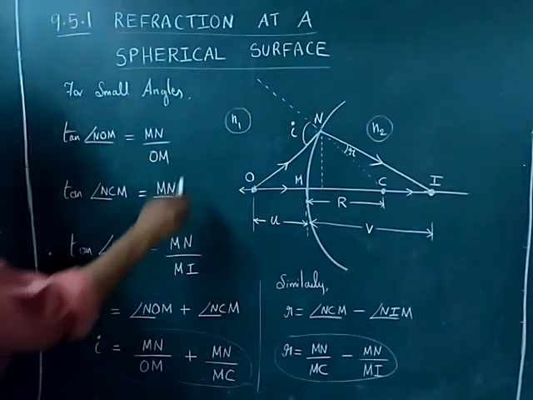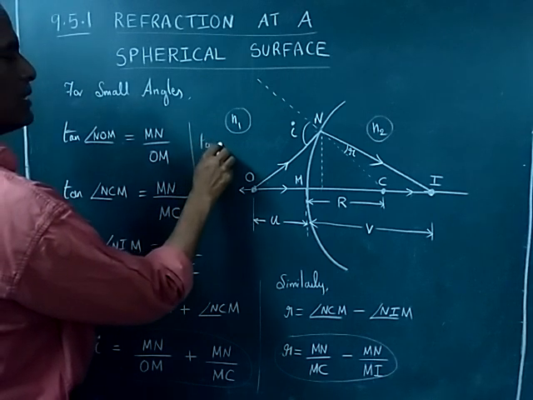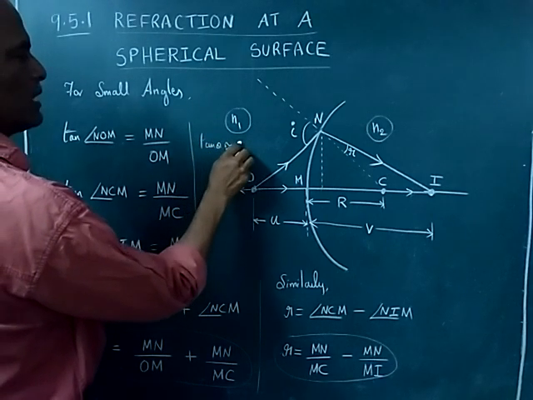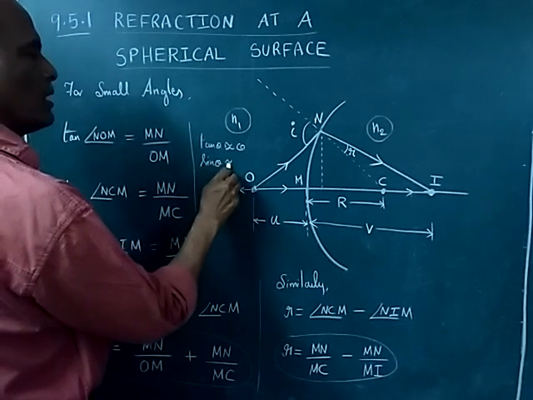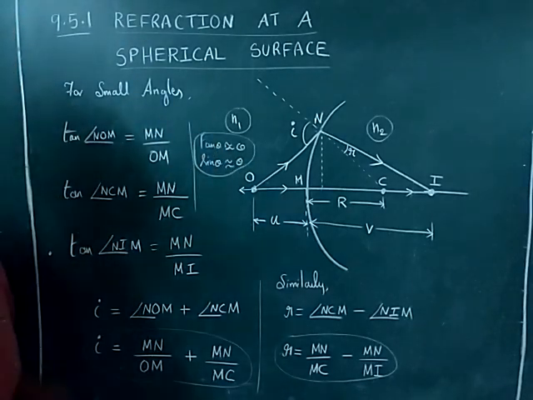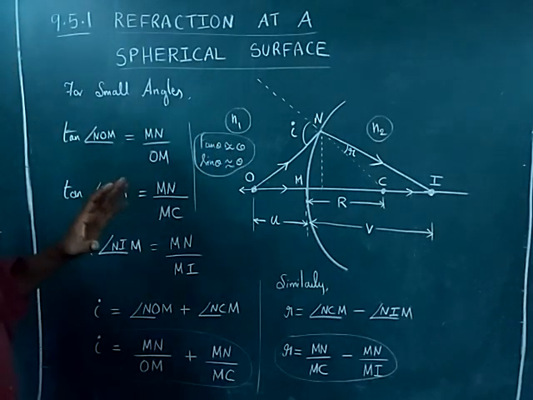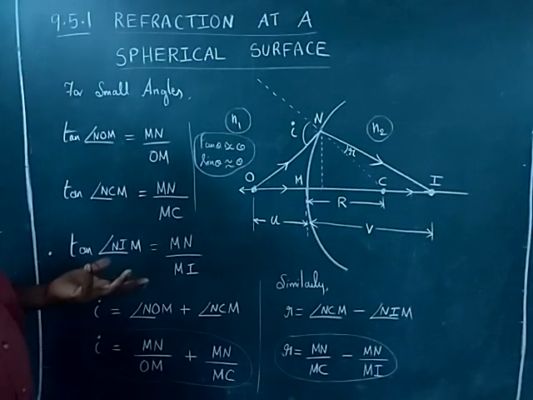Now we all know that for very small angles, tan theta is approximately equal to theta, and sin theta is approximately equal to theta. This relation is a well-known relation for very small angles. So assume this is theta. Tan theta is approximately equal to theta.